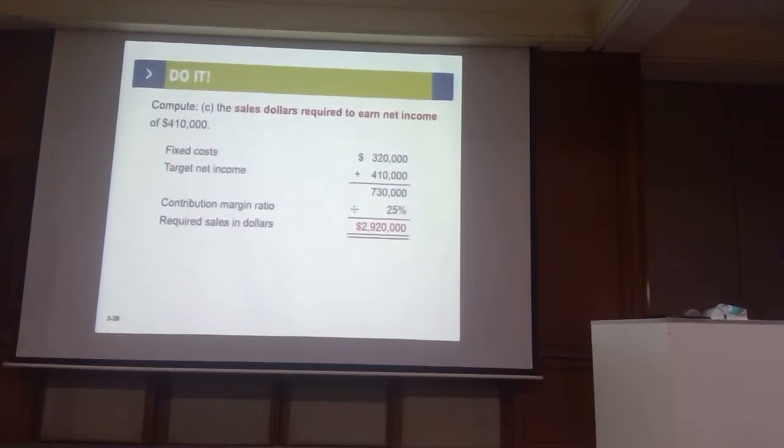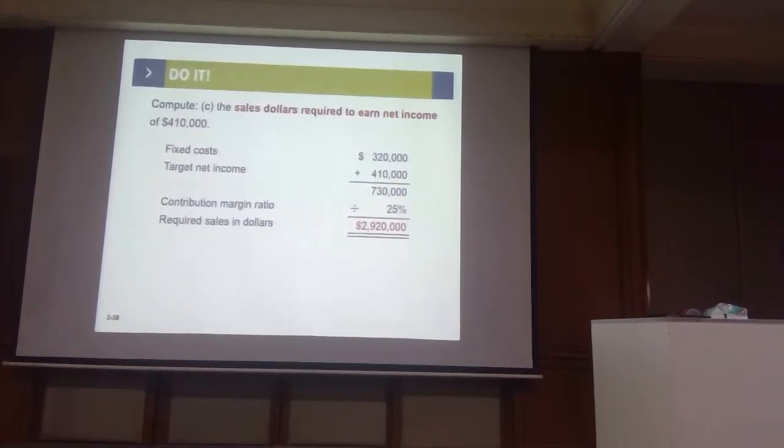As you can see, if we want to earn some net income, we require more sales, right? The sales must cover fixed costs and also must contribute to your net income.